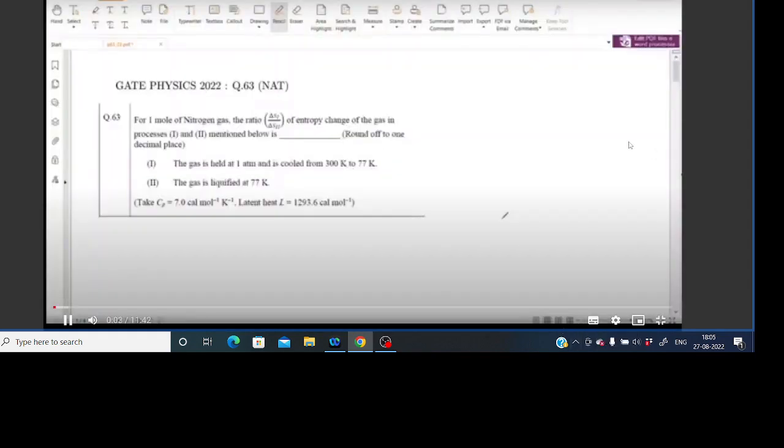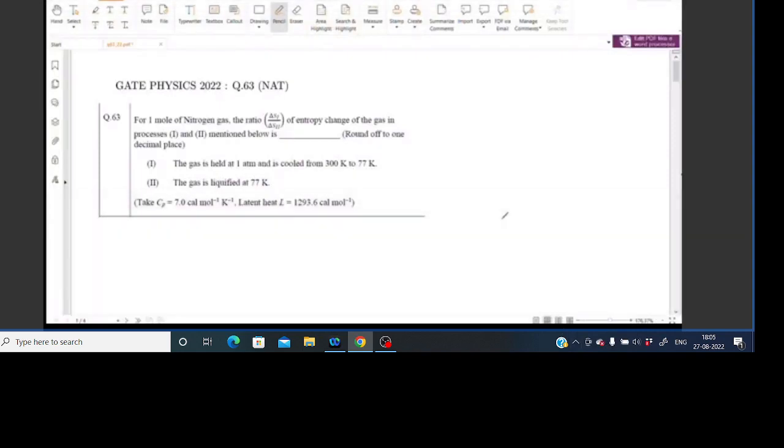Hello everyone. In this video, I shall discuss problem number 63 of GATE Physics 2022. This is a numerical answer type question. In this question, we have to find the ratio of the change of entropies for 1 mole of nitrogen gas in processes 1 and 2.